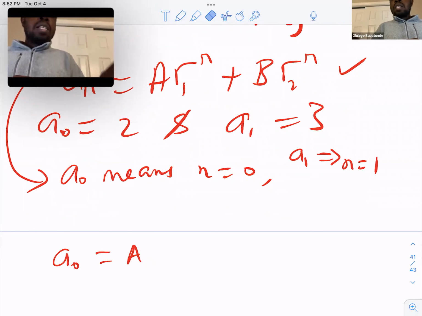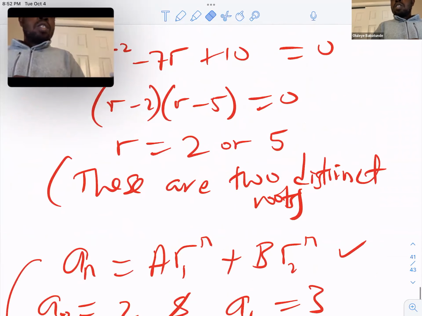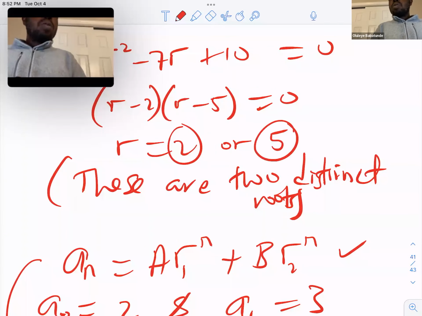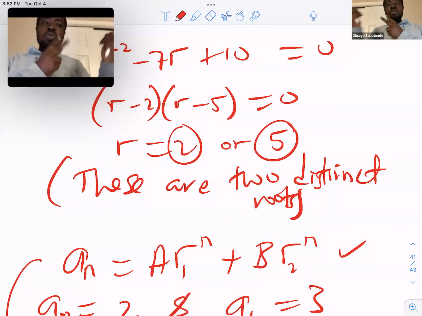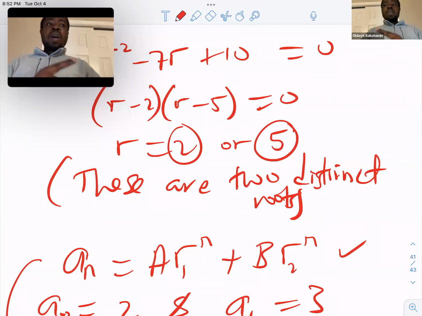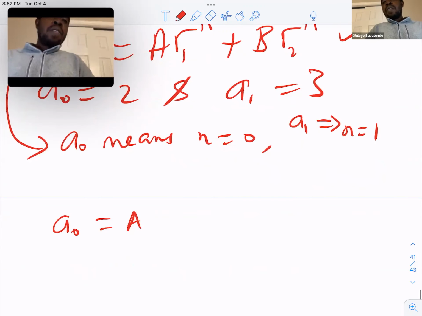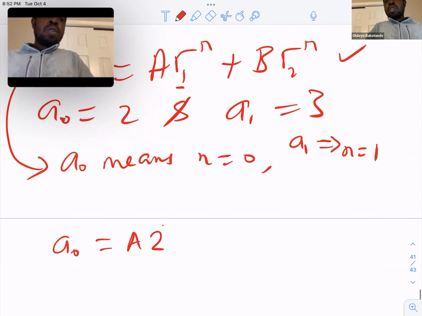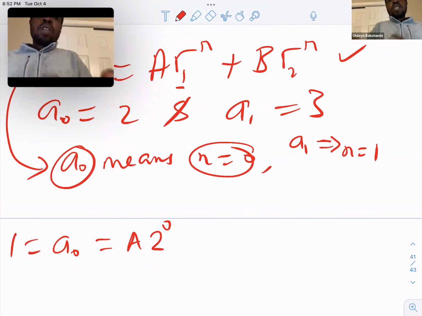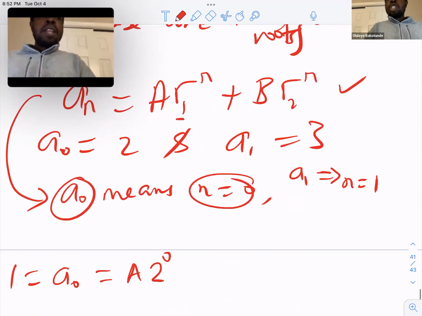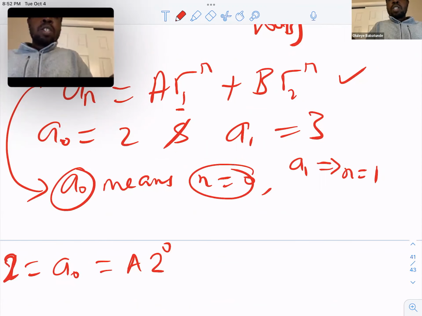My r1 is 2, and my r2 is 5. Two roots: one root is 2, the other is 5; you can call them r1 and r2. So for a0, I have r1 raised to power 0, because my n is 0 for this value. My a0 is, no, my a0 is 2, sorry. So my a0 is 2.